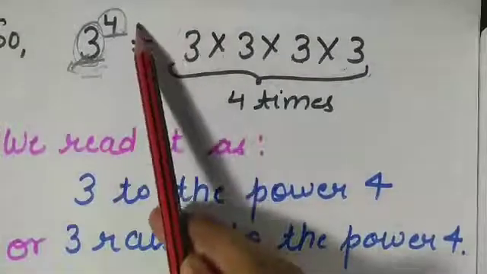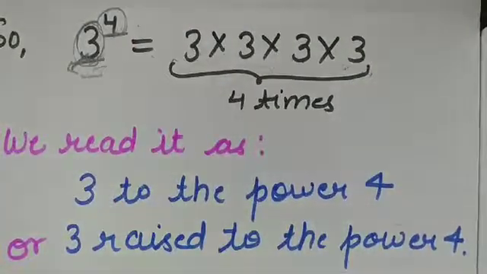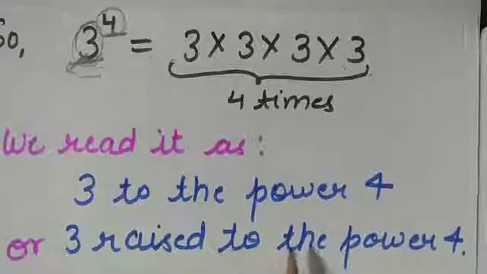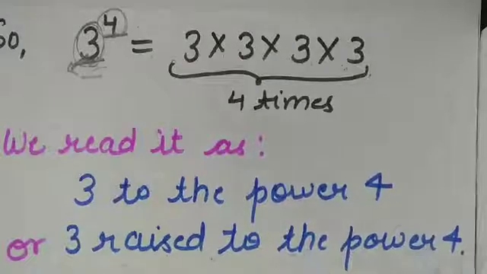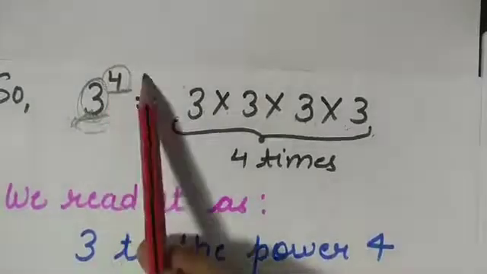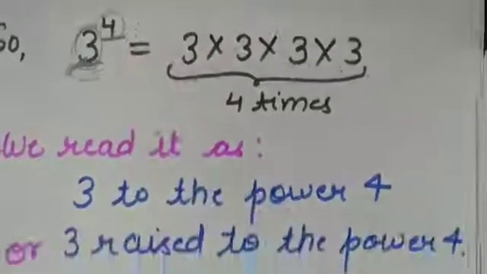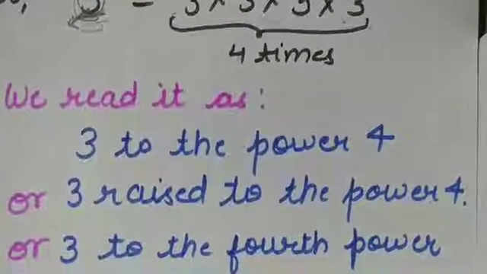3 to the power 4, or you can read it as 3 raised to the power 4, or 3 to the 4th power. You can read it in any one of these ways. So this number can be read as 3 to the power 4, 3 raised to the power 4, or 3 to the 4th power.